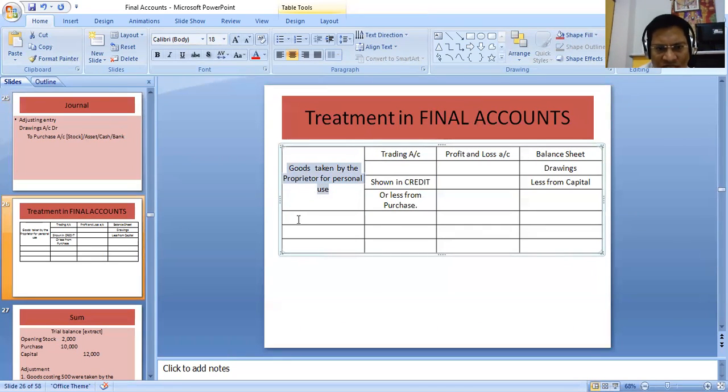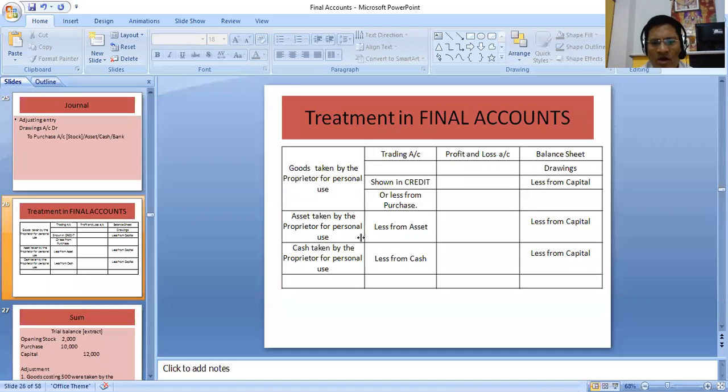If the proprietor withdraws cash from the business, or if he had taken out an asset, then we have to subtract from the asset. Suppose we have taken out our computer from the business, so computer will be subtracted from the asset side, and the same amount we will subtract from the capital. So see, asset and liability will equalize.